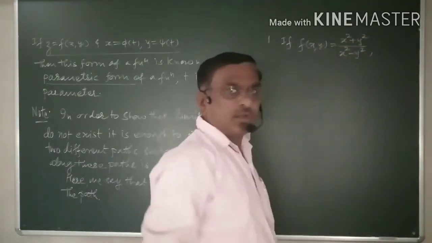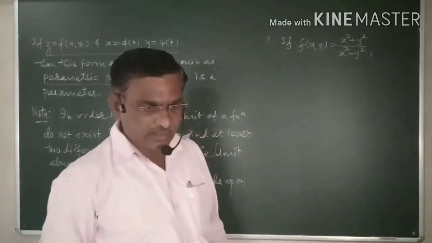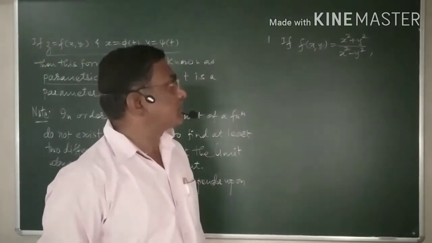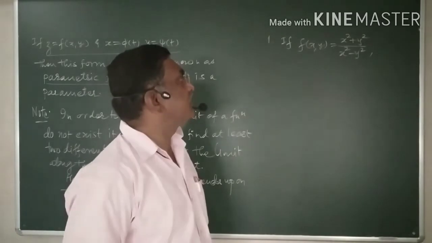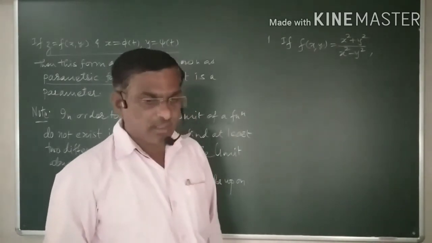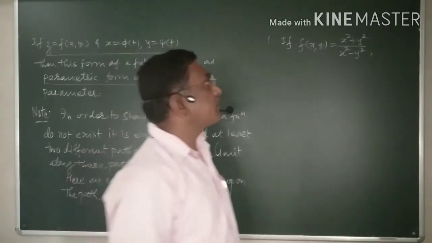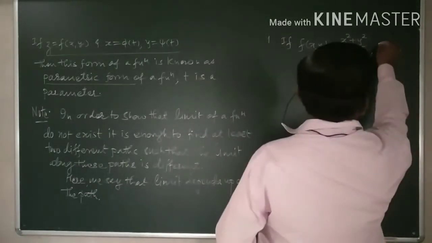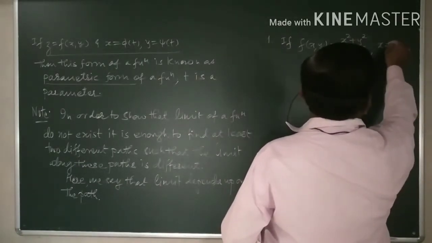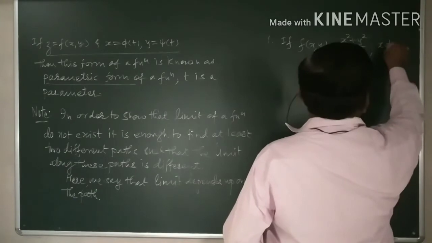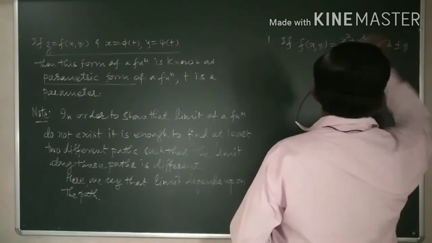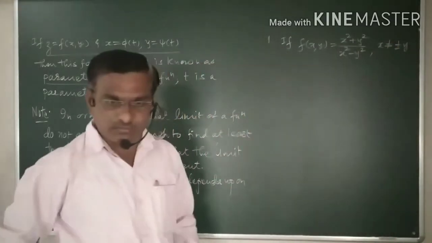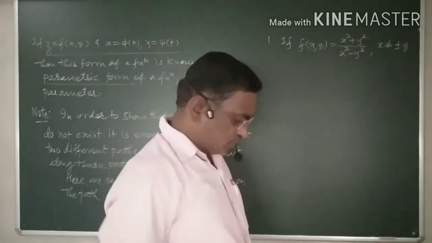Now if you note that the denominator of this function is x square minus y square, and hence the domain of this function is the set of all points where x is not equal to plus or minus y. This is what we need to keep in mind.